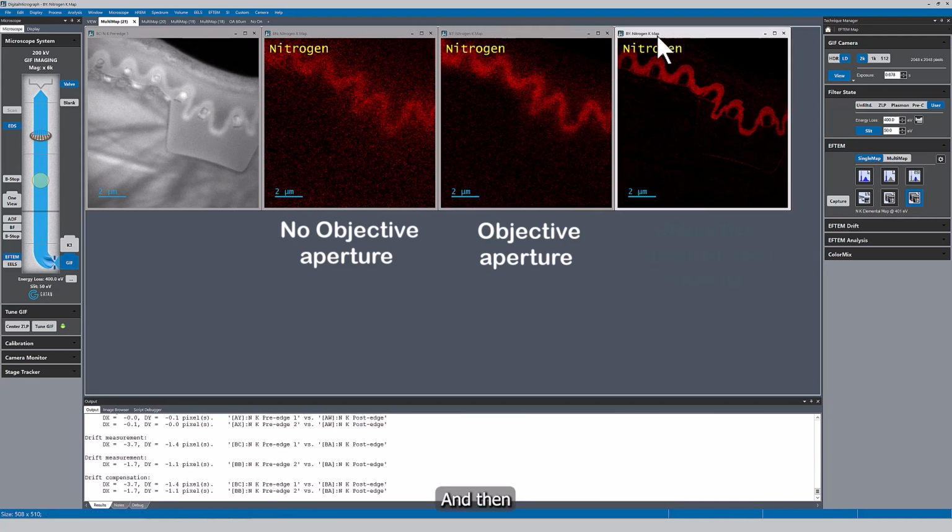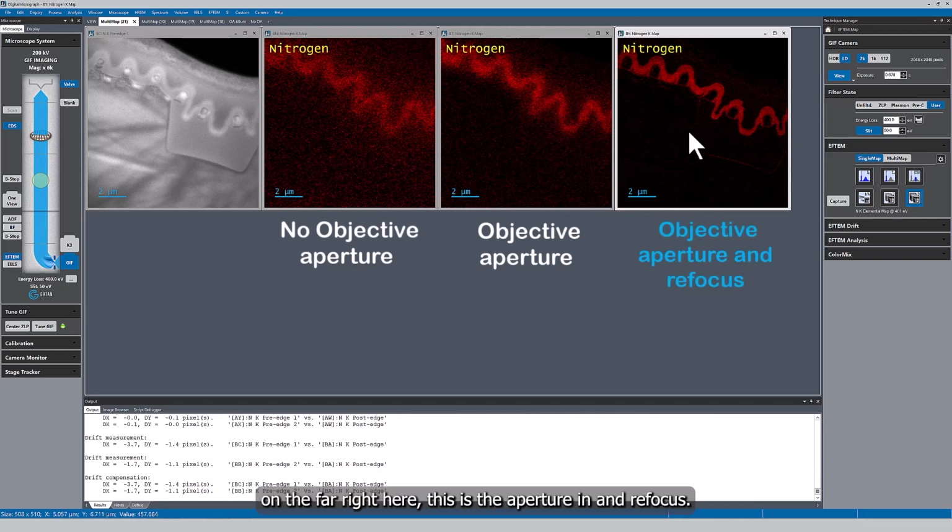And then on the far right here, this is the aperture in and refocus. So you see how important it is to do this in EFTEM. It's really fundamental. It makes the difference between you having good maps, good data, and not. So always remember these steps, and yeah, perfect.